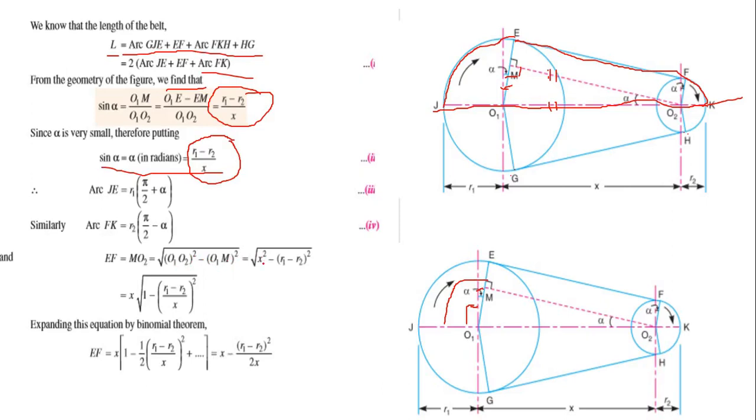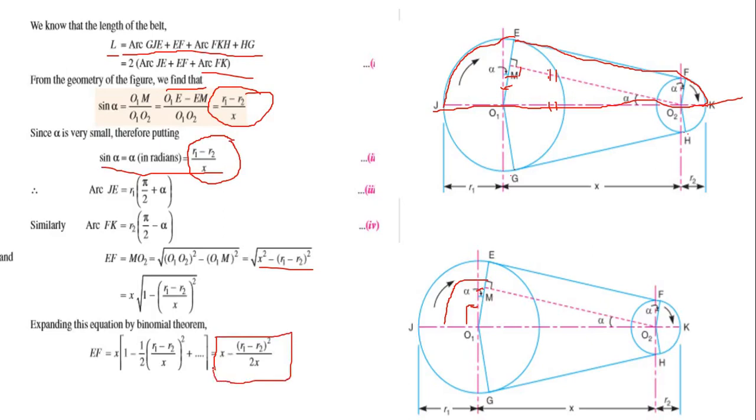We write O1O2 as X and O1M as R1 minus R2, and this equation can be rewritten like this. Using the binomial theorem, EF can be written like this.